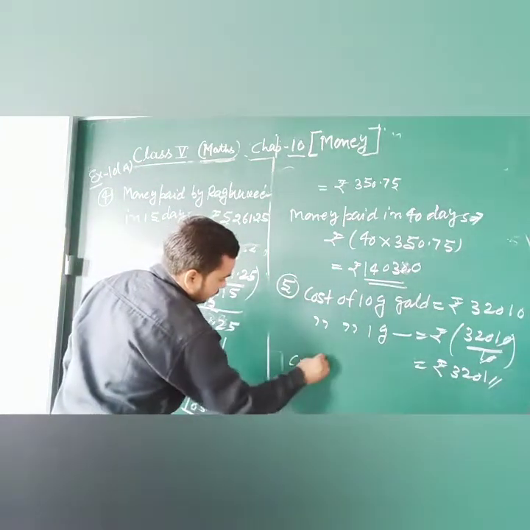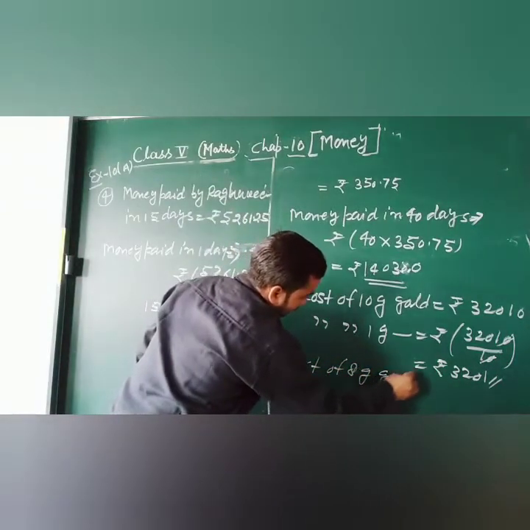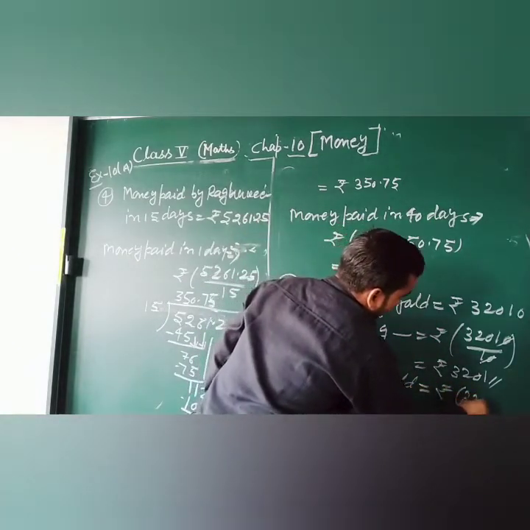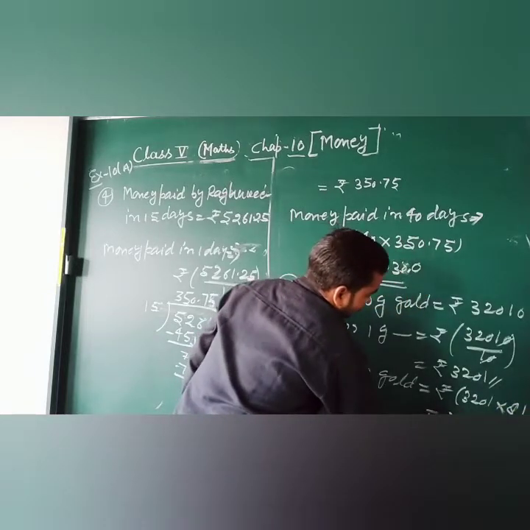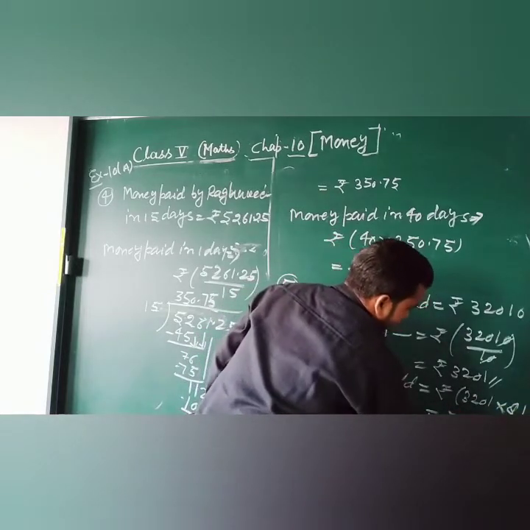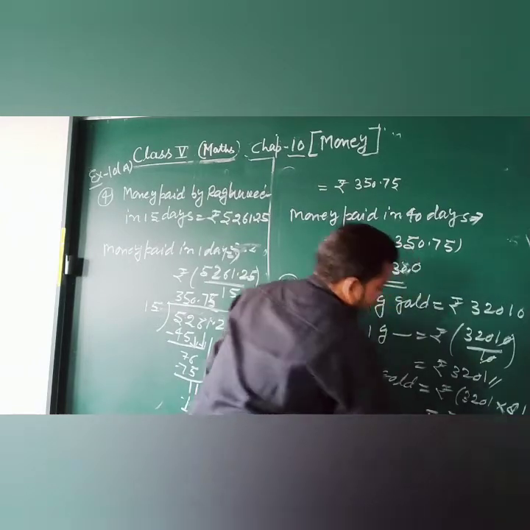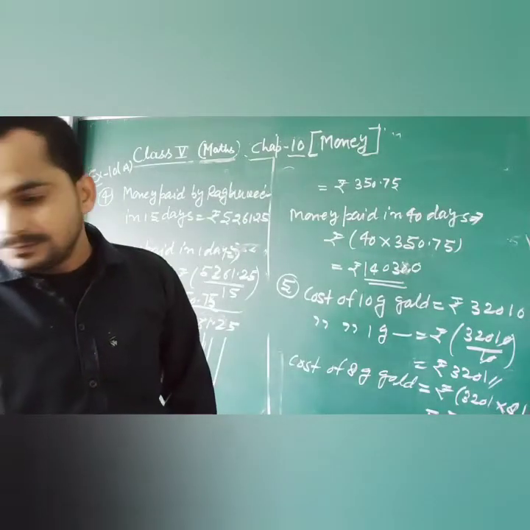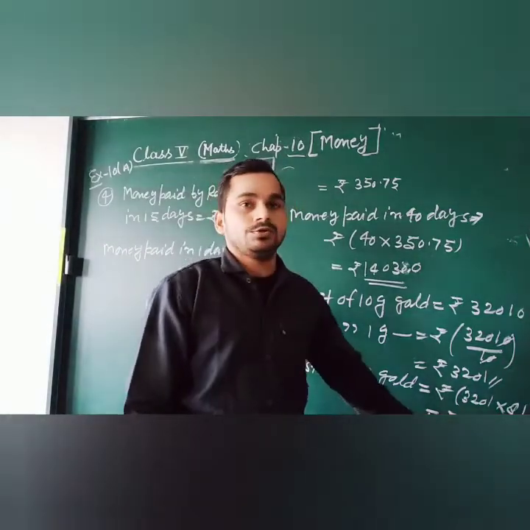So cost of 8 gram gold equal, we have to multiply cost of 1 gram gold by 8. So 8 1 ja 8, 8 2 ja 16, 8 5 24 plus 1 25, 25,608. So cost of 8 gram gold is 25,608.